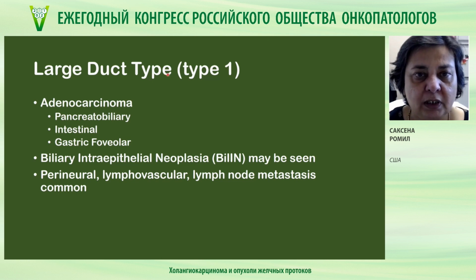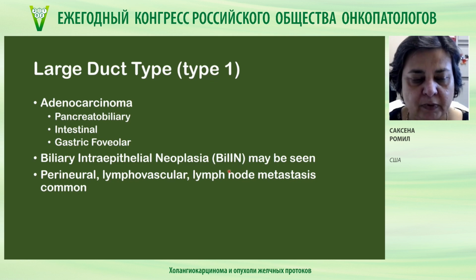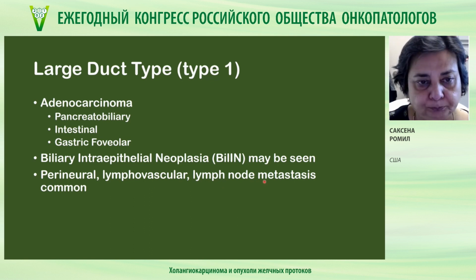Now, very often in the large duct type of cholangiocarcinoma, there may be associated biliary intraepithelial neoplasia or BilIN. And in the large duct type, perineural, lymphovascular and lymph node metastasis is quite common.